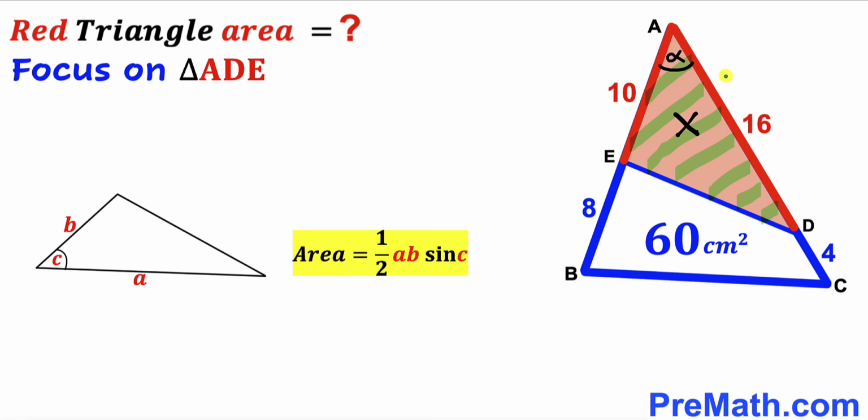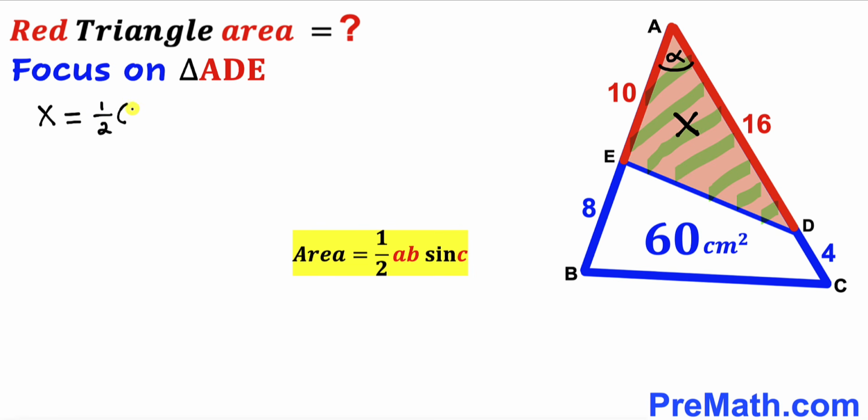For triangle ADE, our side lengths are 10 and 16, and the angle in between is alpha. The area of this triangle is X. Let's fill in the blanks in this formula: X equals a half times 10 times 16 times sine of angle alpha.